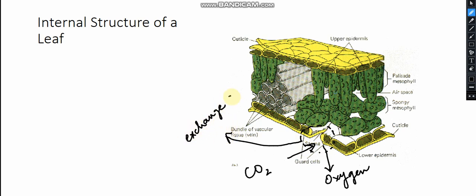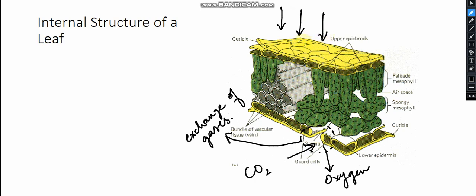Carbon dioxide enters into the leaf from this path, and when oxygen is made by the process of photosynthesis, because we know that oxygen is a byproduct, it leaves the leaf from the same path.